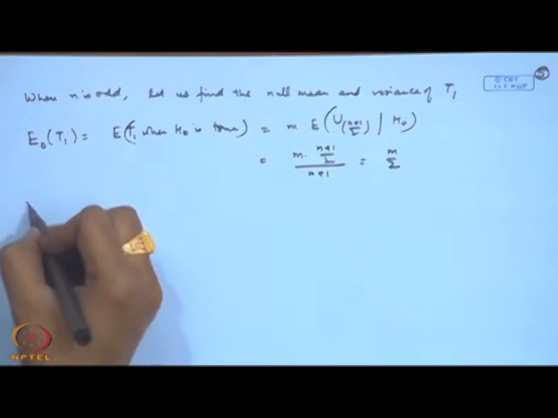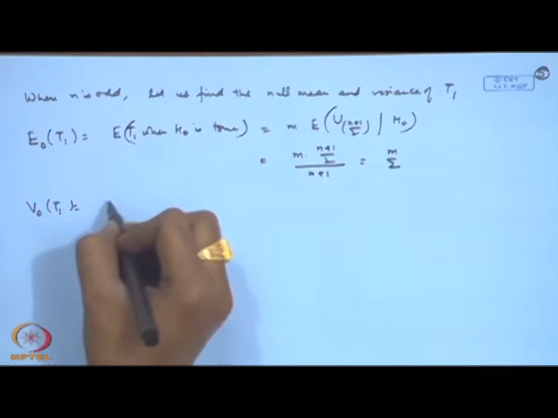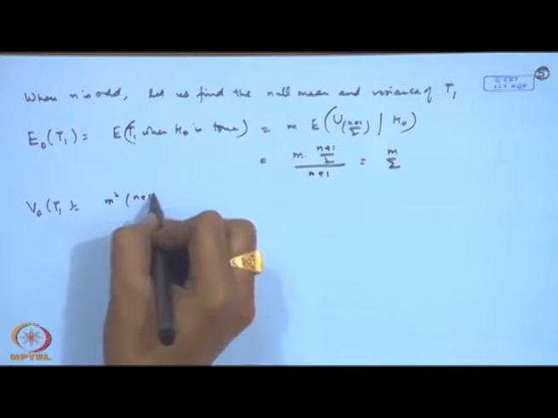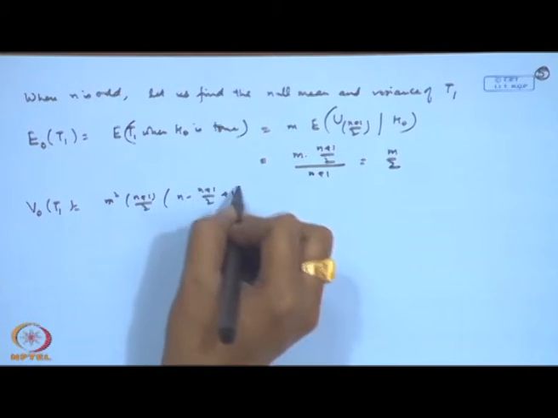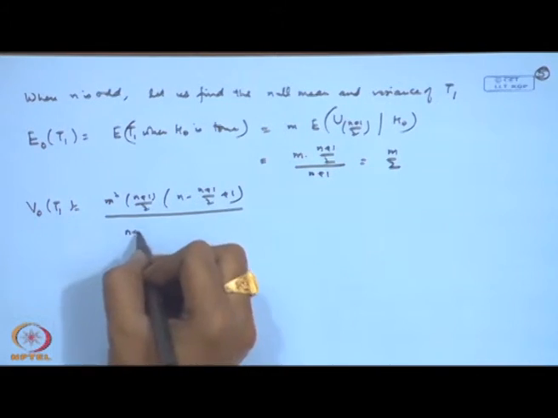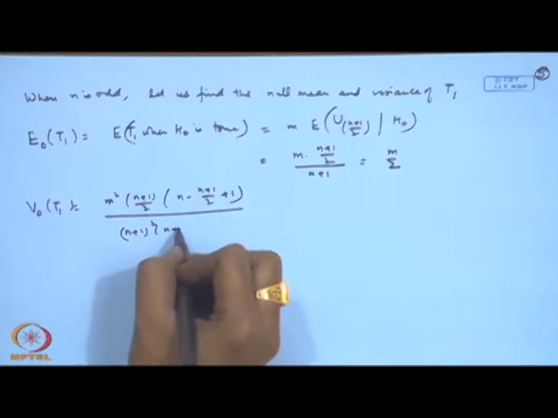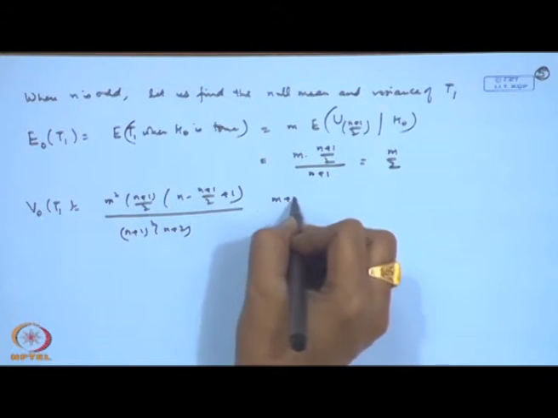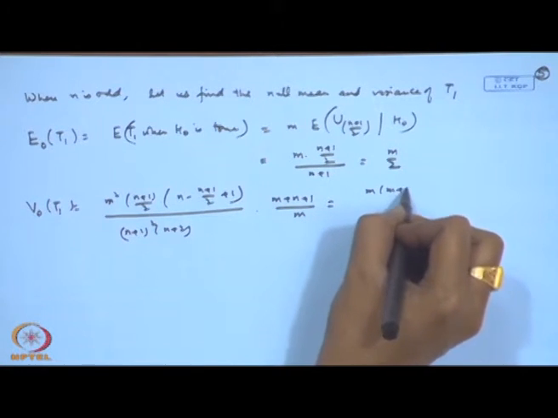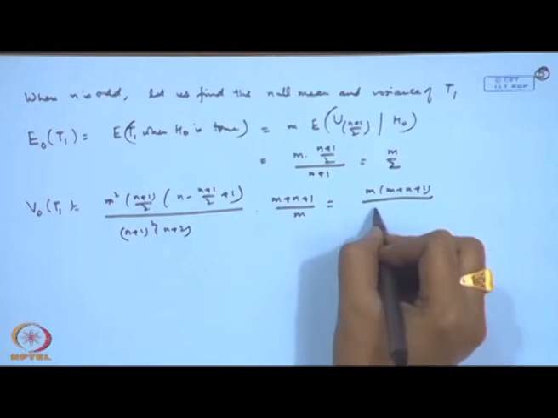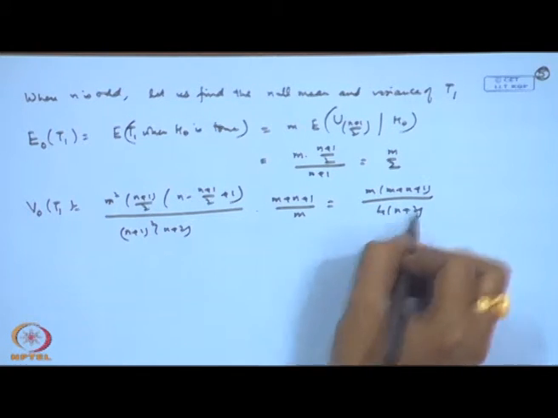And the variance of T1, of course, is equal to m square times (n plus 1) by 2 into (n minus (n plus 1) by 2 plus 1) divided by (n plus 1) square into (n plus 2), times m plus n plus 1 by m. So, that is equal to m into (m plus n plus 1) divided by 4 into (n plus 2).